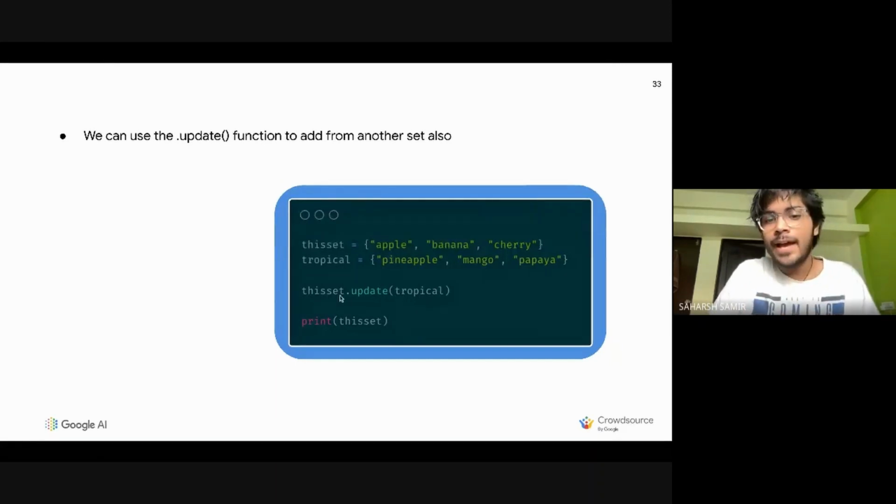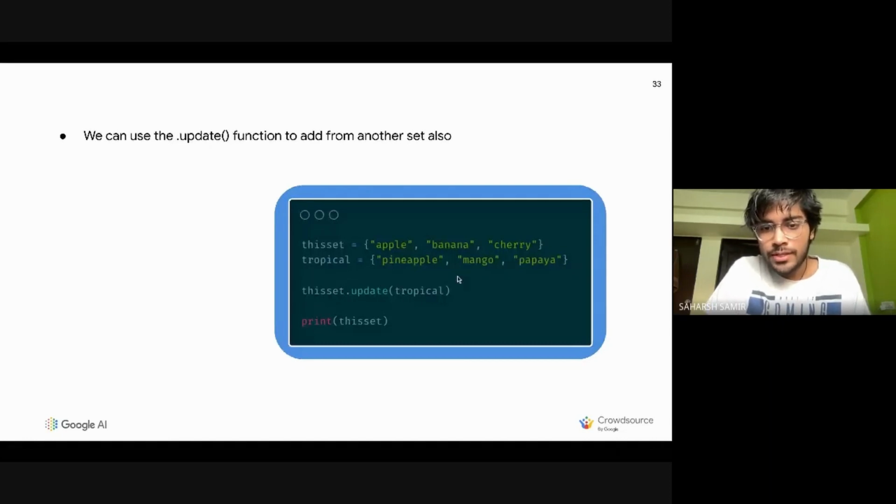In our example, we have our original set with three fruits, and another set of tropical fruits like pineapple, mango, papaya, and we want to add those to our original set. We would call the update function on our original set, and provide the set we want to add between the parentheses.